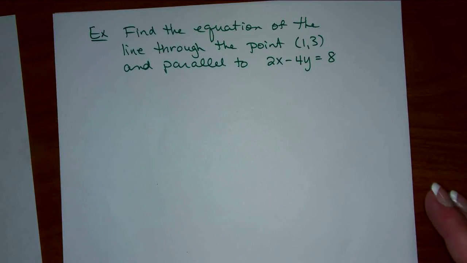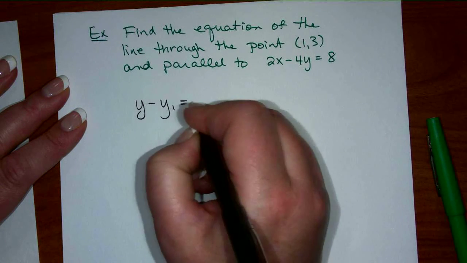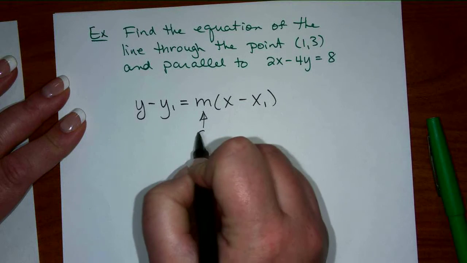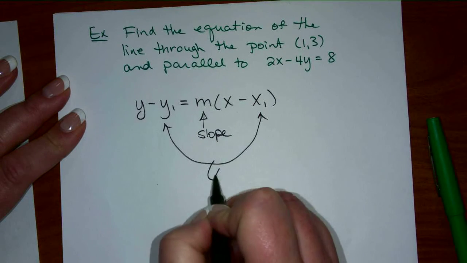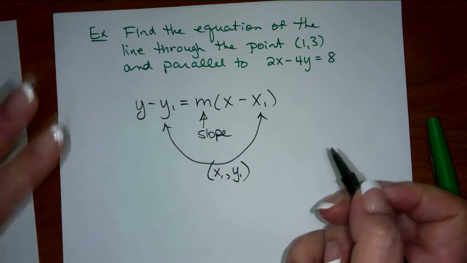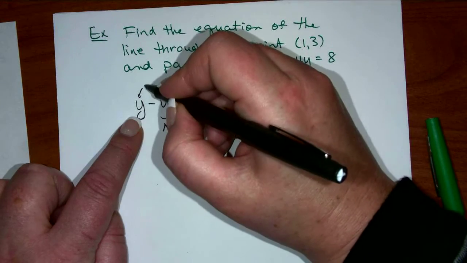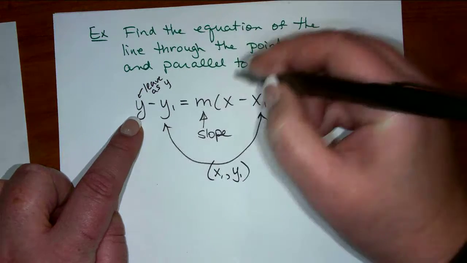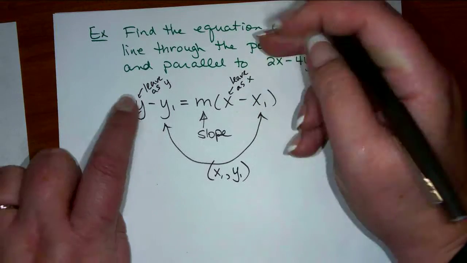So to do an equation of the line, we need to fill in y minus y1 is m times x minus x1. And we need two things. We need a slope and a point. We plug those in. We leave these x and y alone. We plug everything else in, and that will give us our equation of the line.